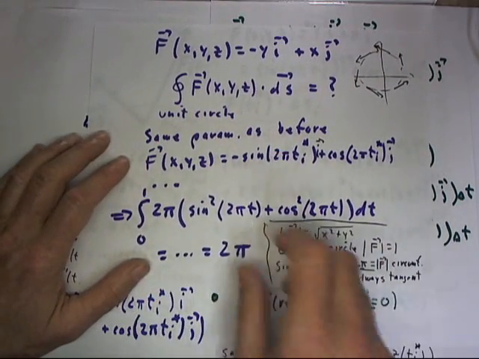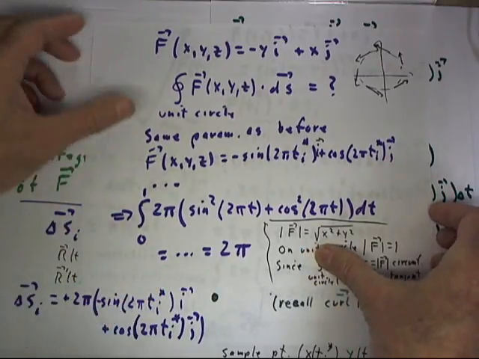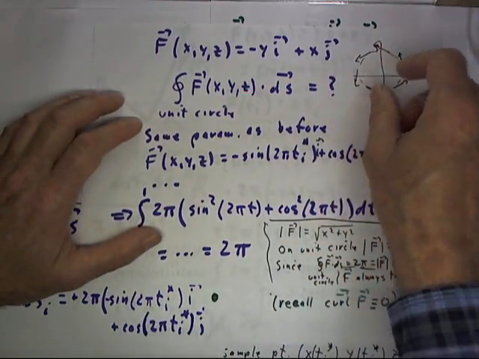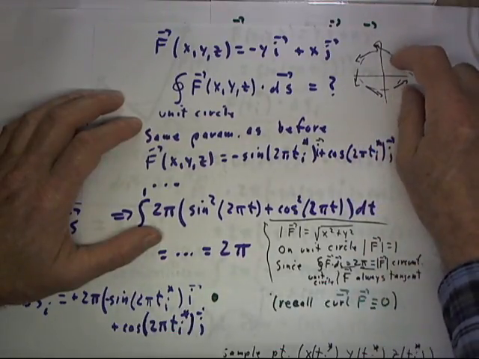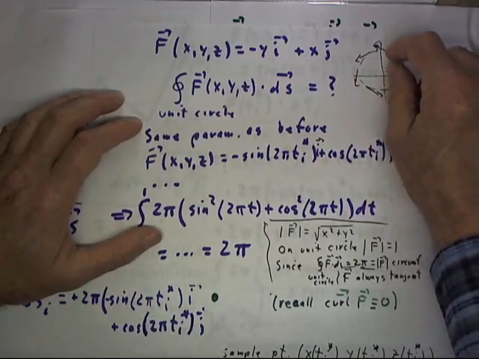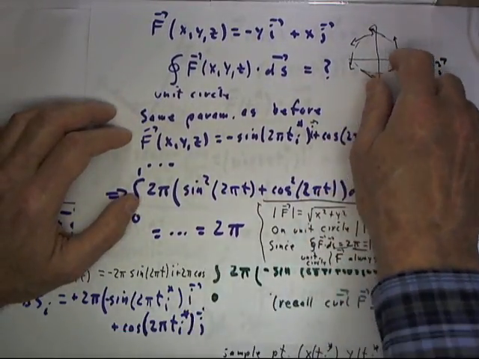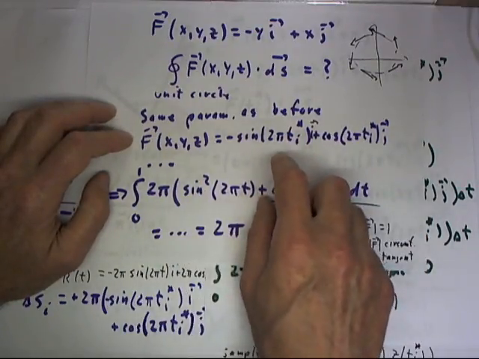So we see that when we integrate f dot delta s, delta s is identical to what it was before. Delta s is just our displacement along one interval of our partition of our parameterized curve.